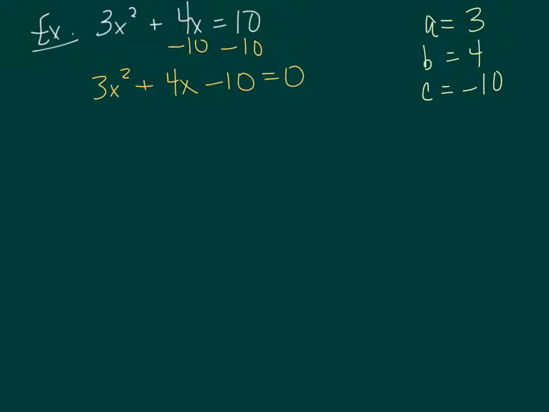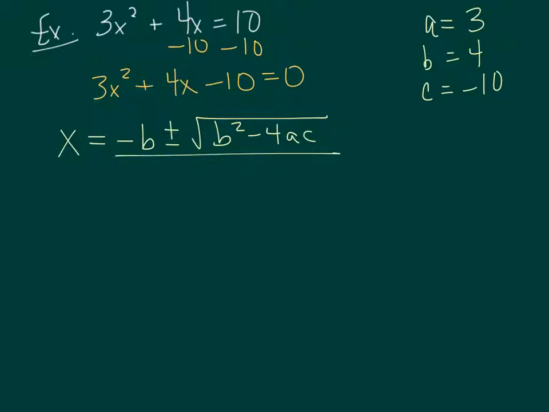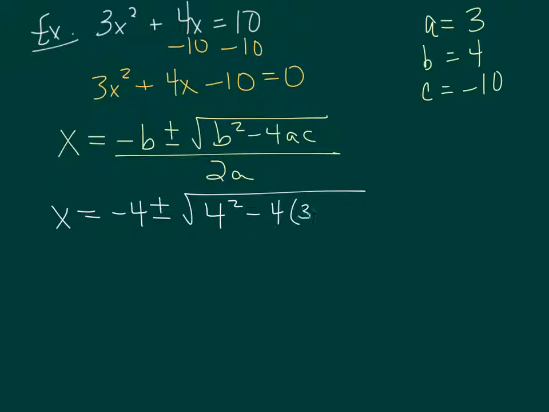So now I'm going to write down my quadratic formula. x equals negative b plus or minus square root b squared minus 4 times a times c, all over 2 times a. So again, I start plugging things in their appropriate places. So x equals negative 4 plus or minus square root 4 squared minus 4 times 3 times negative 10, all over 2 times 3.